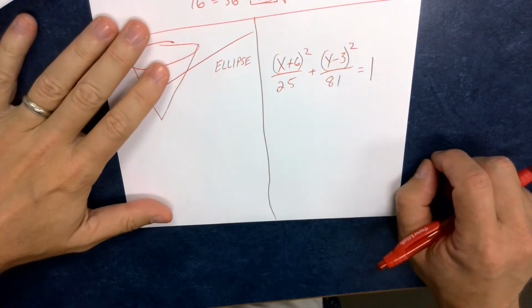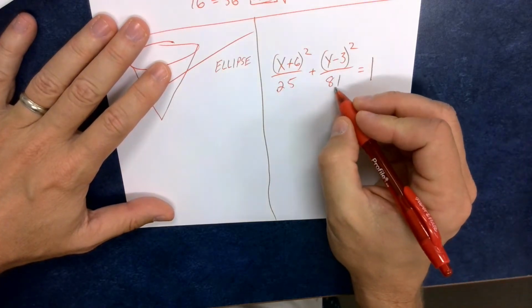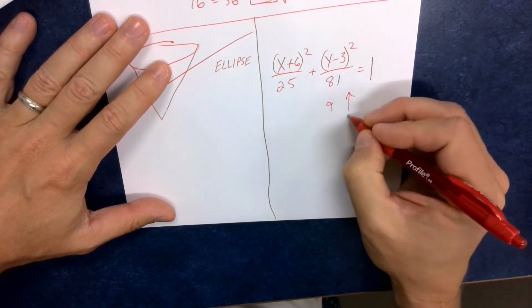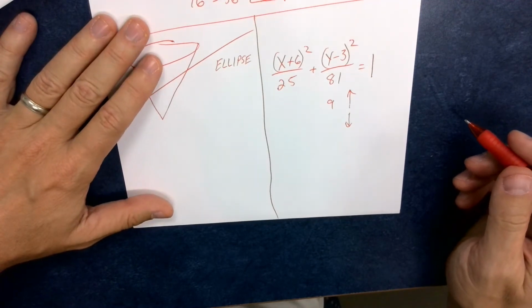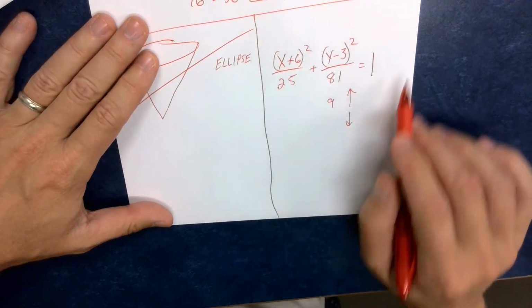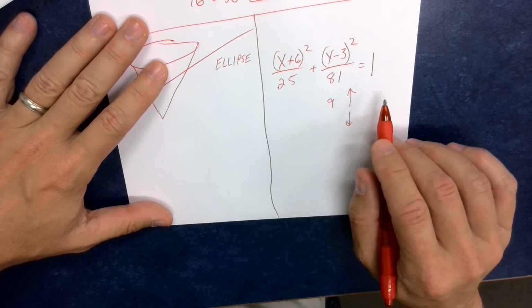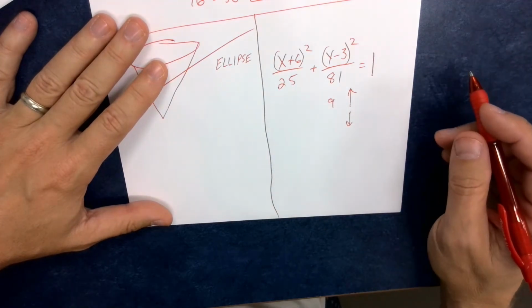And if I said, how long is the major axis? You would say the major axis is 18 because I have to take the square root of this, which is 9. So I go 9 up and 9 down from wherever the center is, and that's where the major axis is. So I'm going to ask you all kinds of questions about this, and you should be able to tell me yes or no, this is true, this is false, or hey, I can't tell what this is.